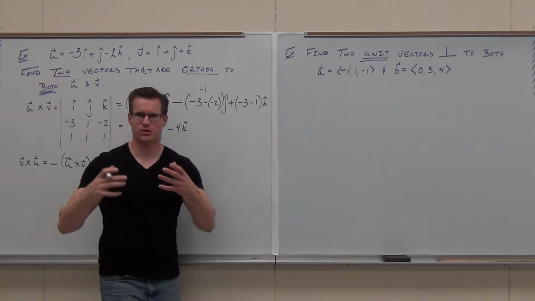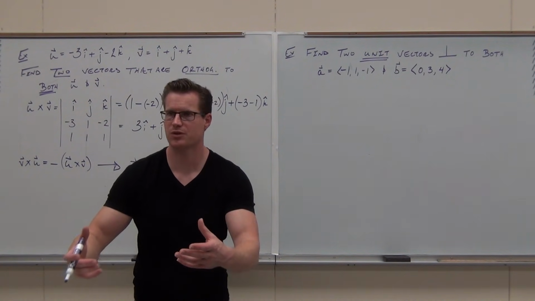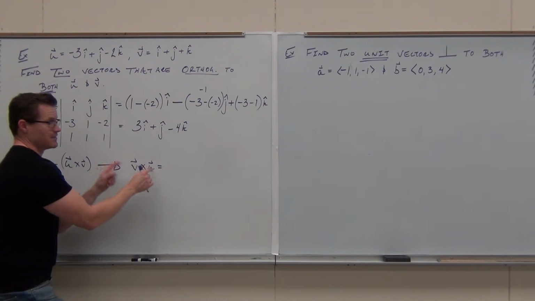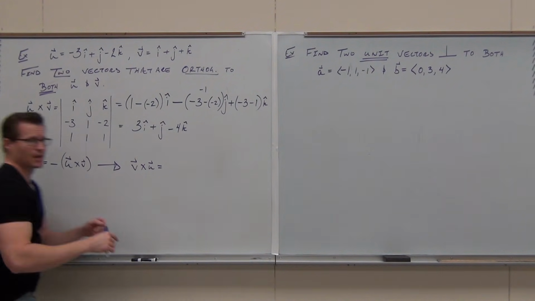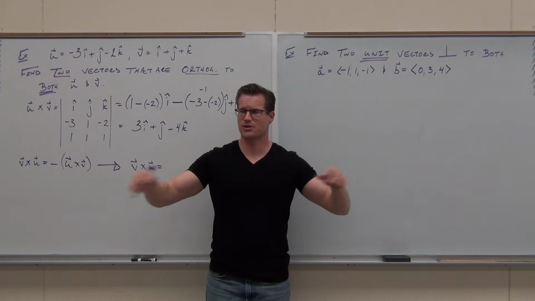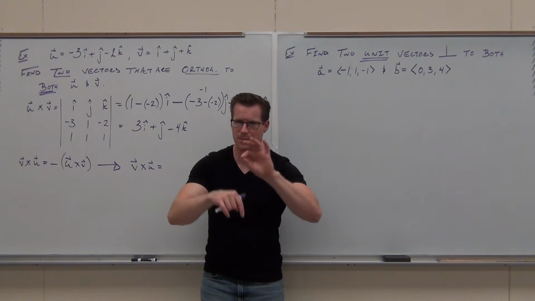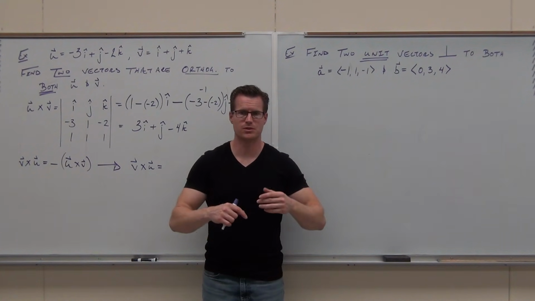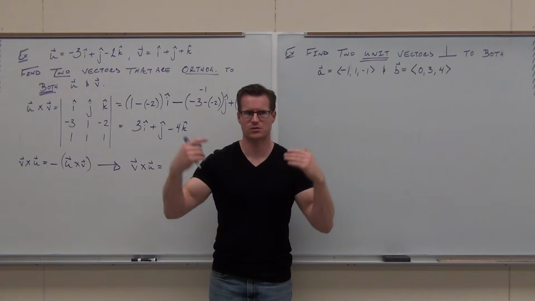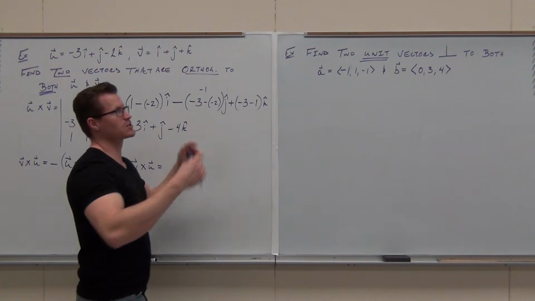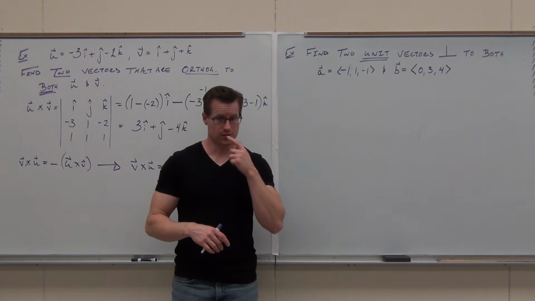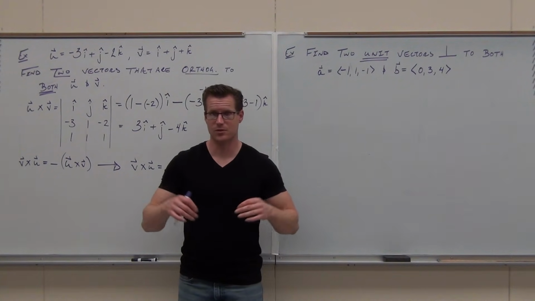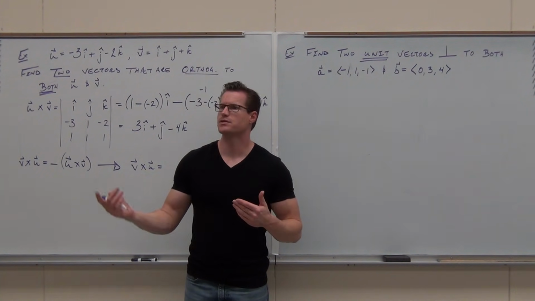B cross U is the same thing as U cross B, just in opposite directions. If I want opposite directions with the same length, all I have to do is multiply by a negative. It switches the direction. So if I ever ask you for two vectors orthogonal to both, you just find one and then switch the sign.